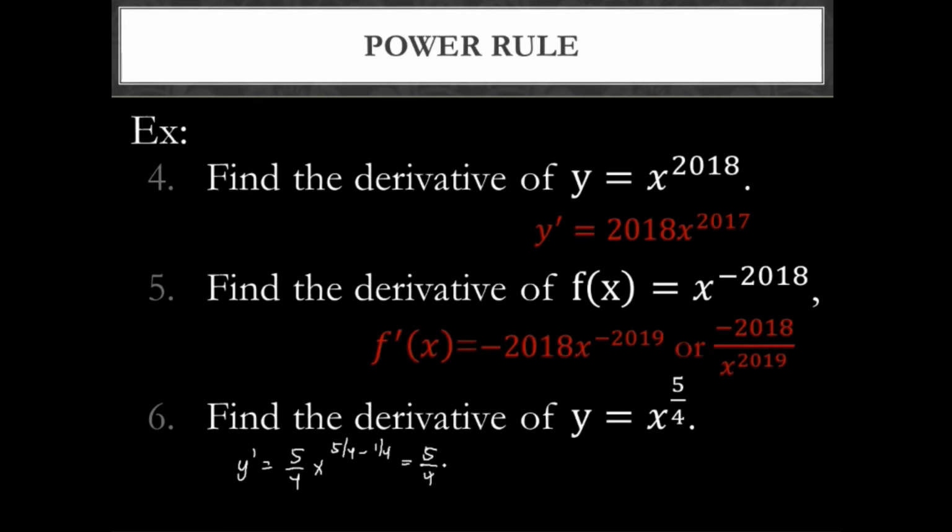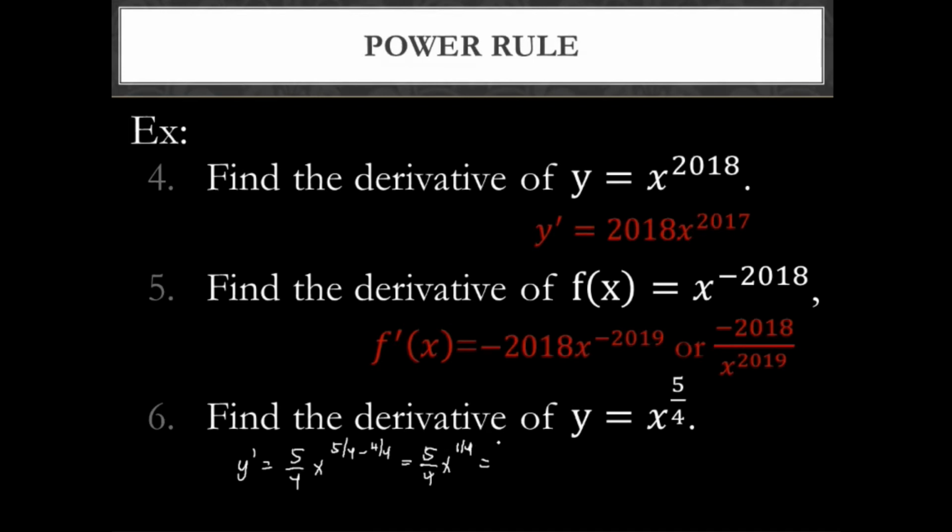Okay. X. 5 fourth X. Okay. When you subtract, bakit 4 over 4 yan? Ginawa ko ng 4 over 4 ha. So ito yung magiging 1 over 4. Tapos, di ba bawal po yung fraction na exponent.